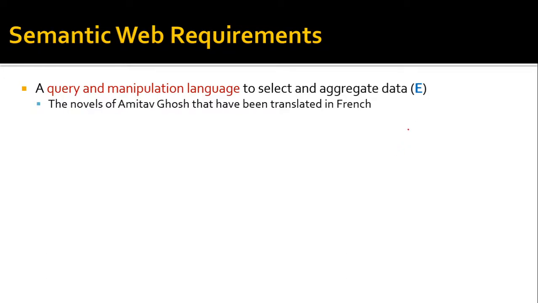As we are talking about access or consumption of data with the help of the query, it is coming under the easiness of publishing or consuming data, right? So we can ask certain complex queries like the novels of Amitav Ghosh that have been translated into French. So you see this is a bit complex query that we are asking the system.